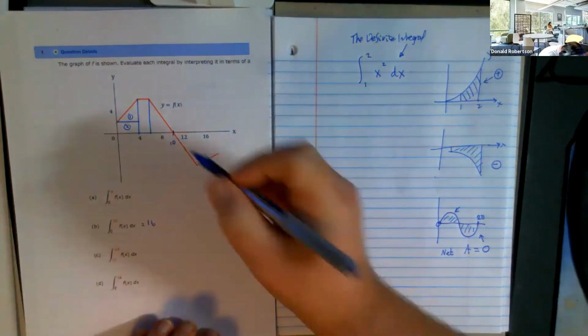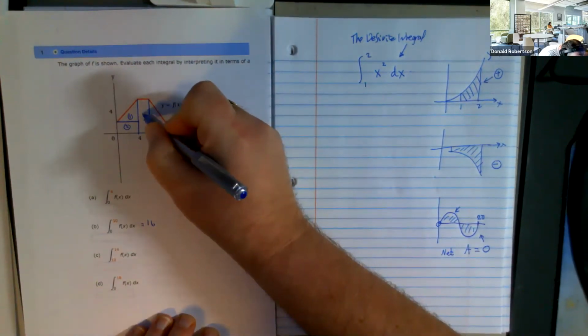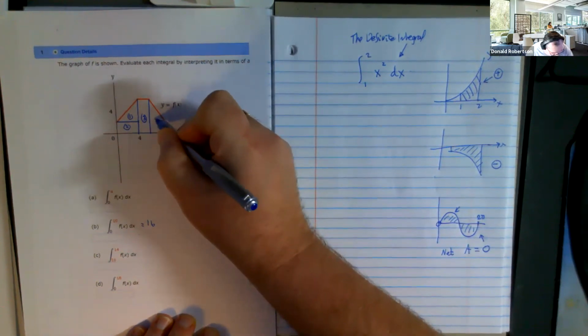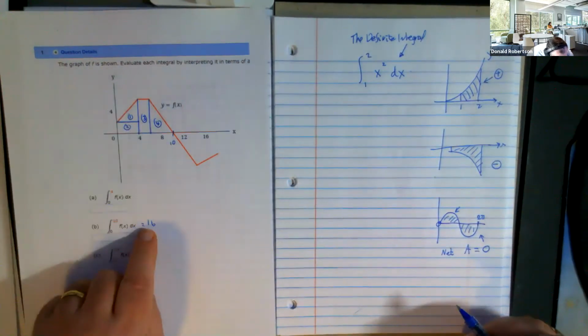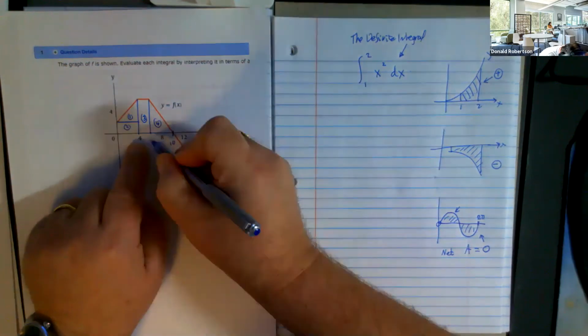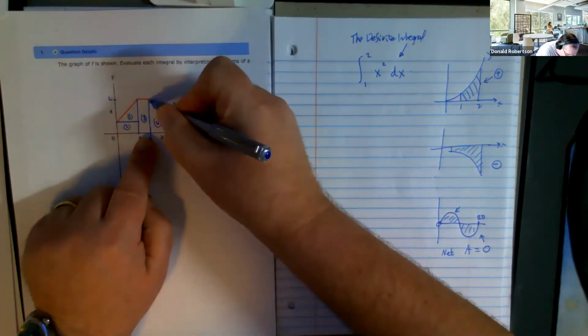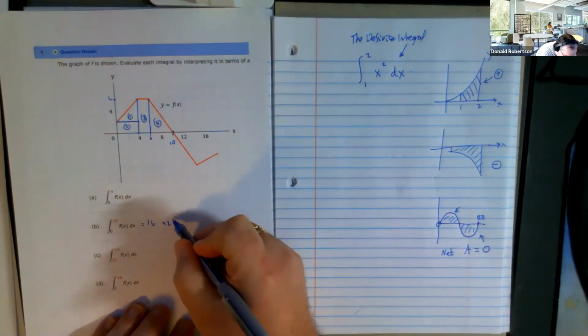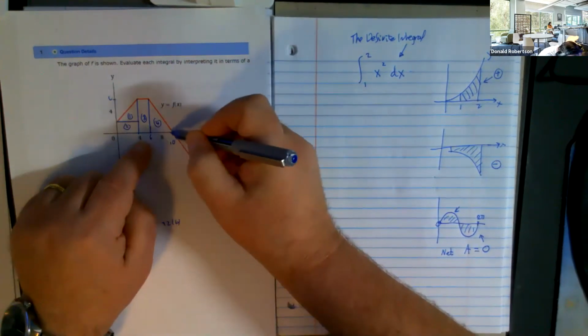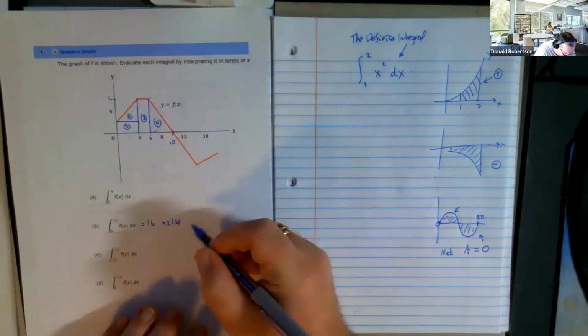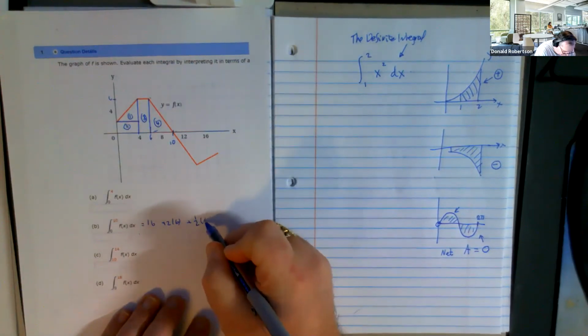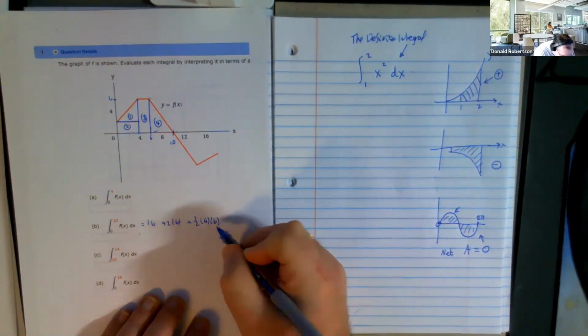And then don't I just need to add this guy and this guy? So these 2 add up to 16. This fella from here to here is 2 times 6. And this triangle is 4 by 6. So that's 1/2, 4 times 6.